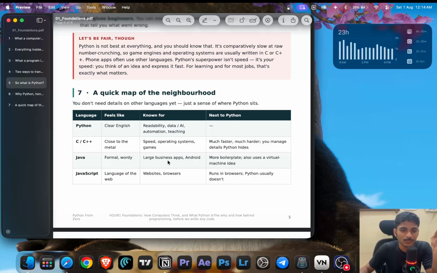For security, you would look at Rust, and for speed we generally take C and C++, as they directly access the memory of the machine.